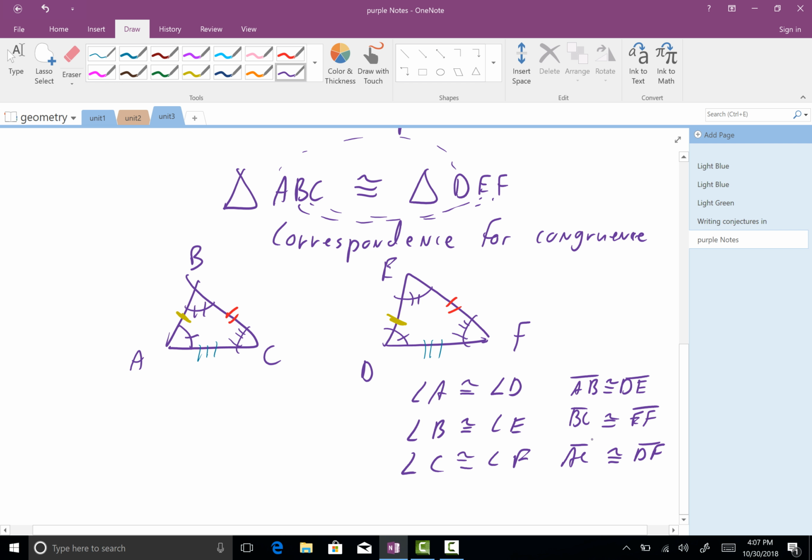So those are our 6 corresponding parts when triangles are congruent.